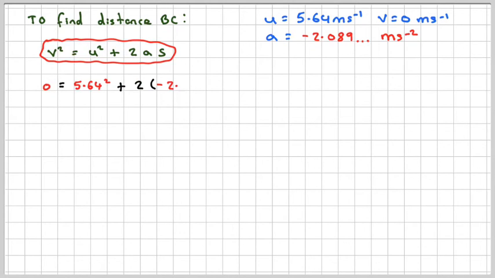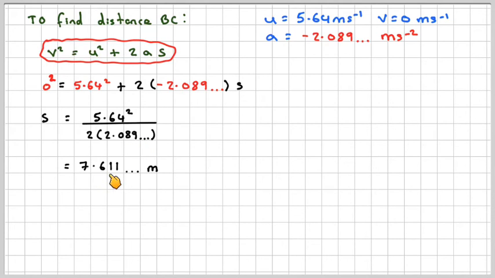So we're going to have 0 squared, which is 0, equals 5.64 squared plus 2 times minus 2.089 times s. Rearranging that, we're going to have s is 5.64 squared divided by 2 times 2.089. Don't use an answer that's been rounded off here, just use the answer function on your calculator.